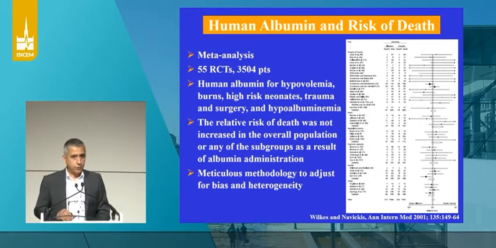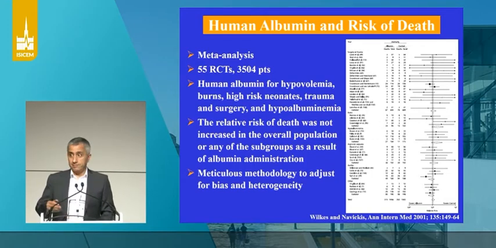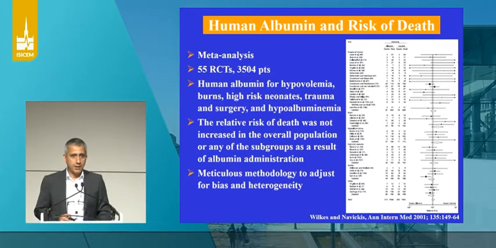And if you are gray-haired in this room, you will, of course, remember this meta-analysis, which at the time had a very large impact on our practice in the ICU around 20 years ago, showing that albumin may be killing patients in the ICU because it may impair their potential to live more.